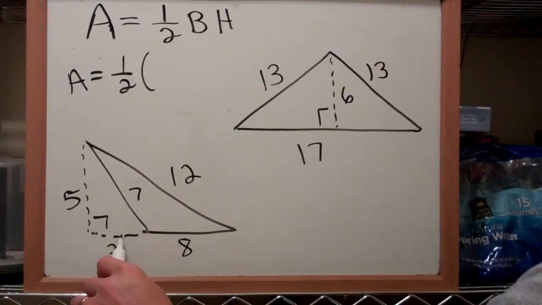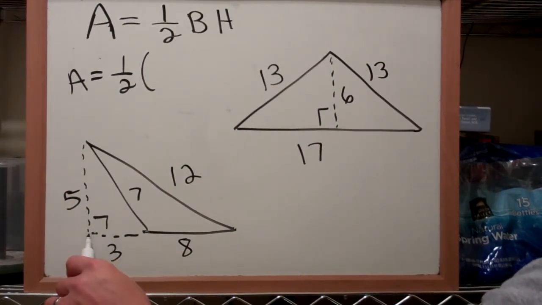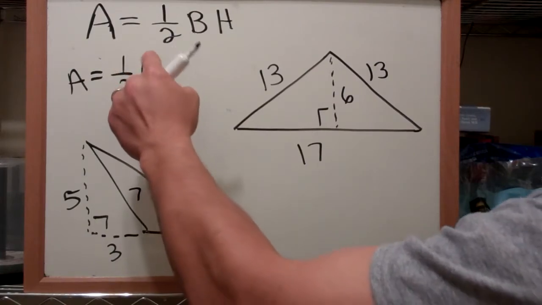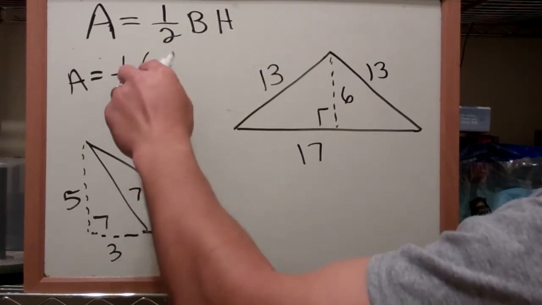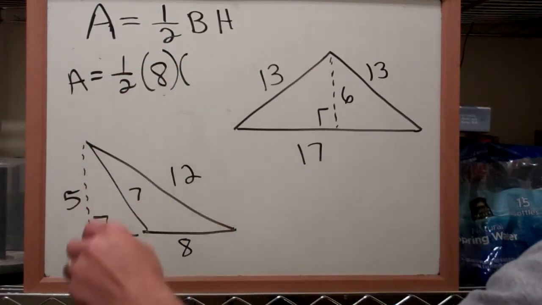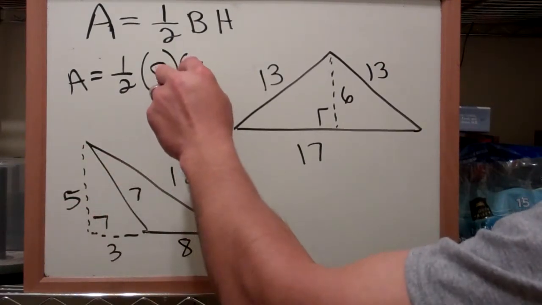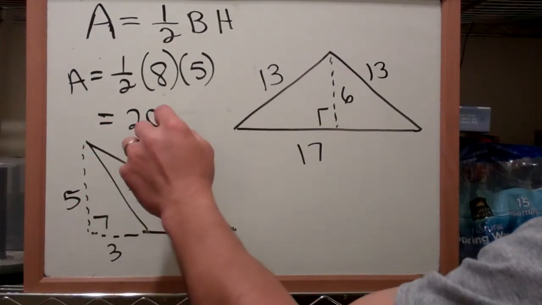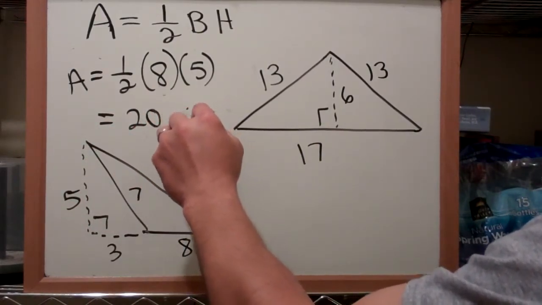Since we extended that base out here a little further, we really only need to take the original base. So the base being 8, and the height here being 5. So again, we can say that the area of this triangle would be 20 units squared.